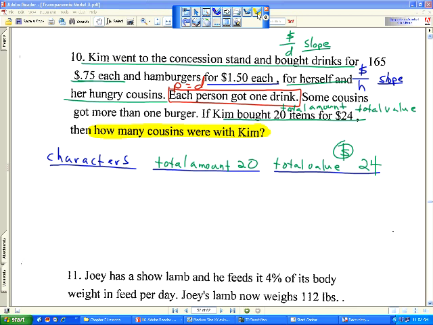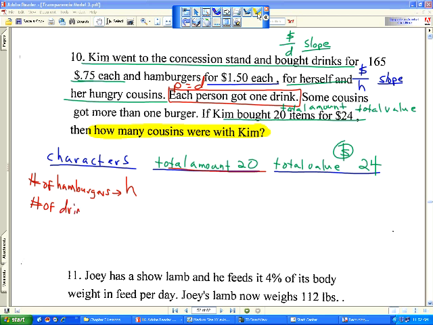We need some characters. What do we need to know? What is my total amount? Total amount of what? Items. What types of items? Ingredients. Hamburgers. So number of hamburgers, we'll call H. Number of, what's the other ingredient?